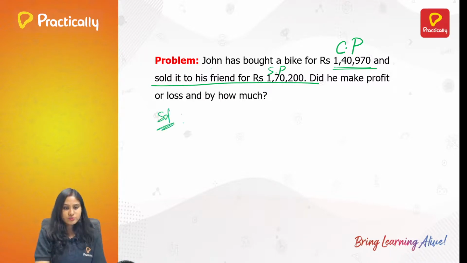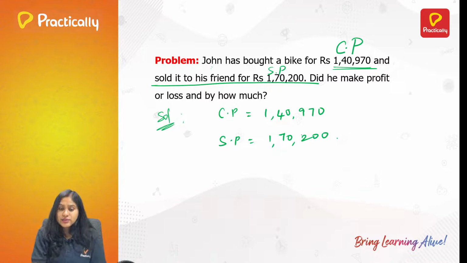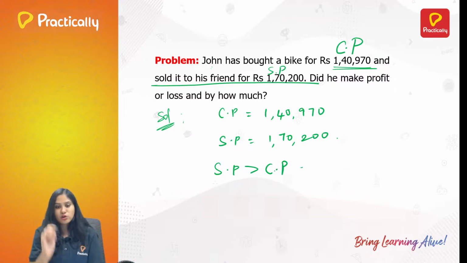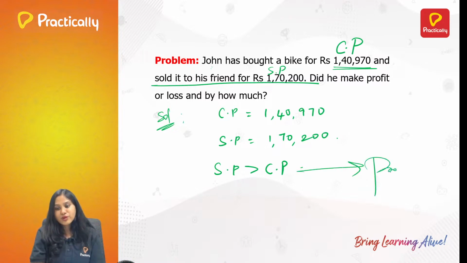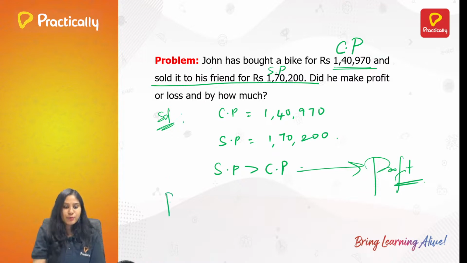So, solution: cost price equals 1,40,970. Selling price equals 1,70,200. When I compare SP and CP, I find that SP is greater than CP. Very good, Sairam. Keep it up. When selling price is greater than cost price, we make a profit. And what is the formula to calculate profit?